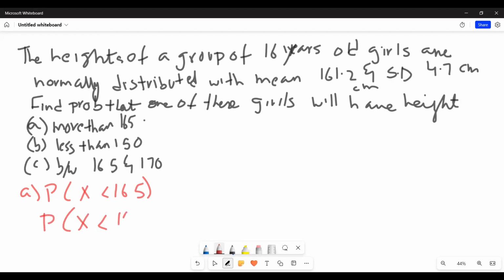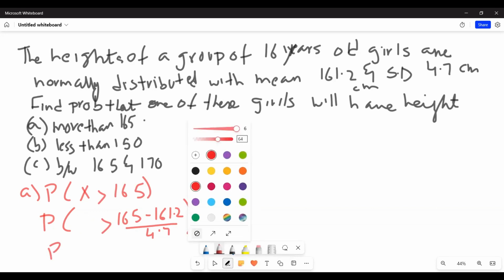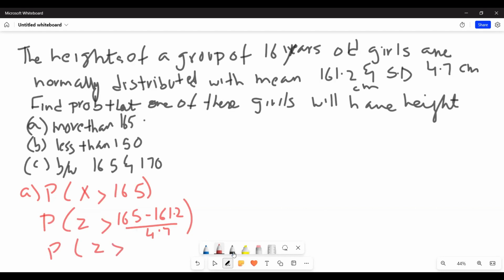So we do 165 minus the given mean divided by the given standard deviation, and this becomes Z, which is 0.8085.